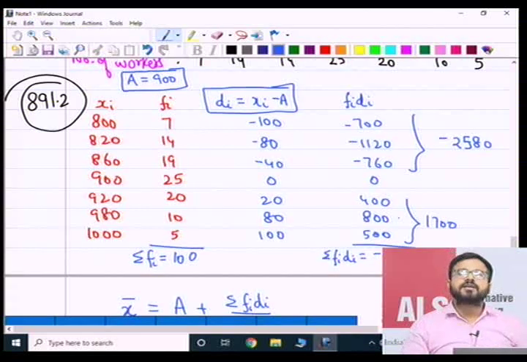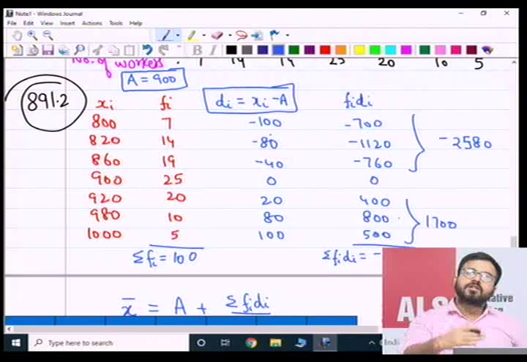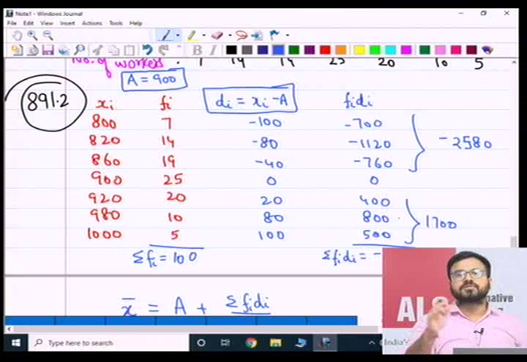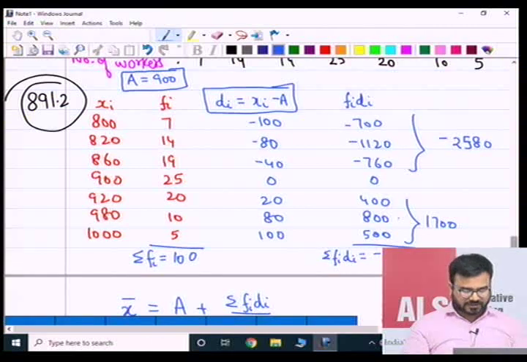What we do over here, we divide all the values by some common number, in order to reduce our values to very small numbers, so that our calculation becomes very easy. So let us start with the question itself, so it will be easy for you to understand.